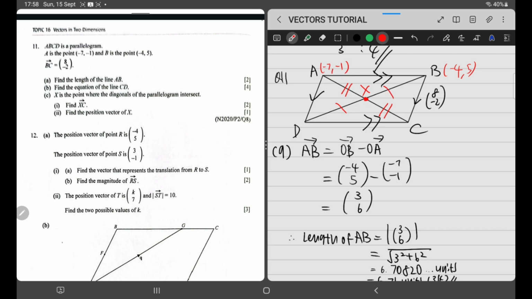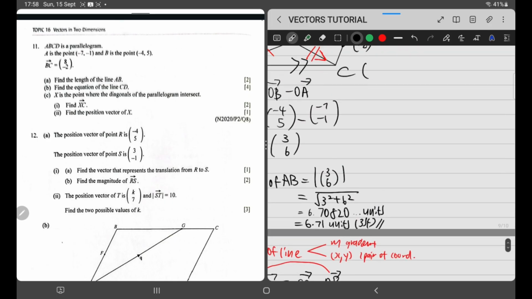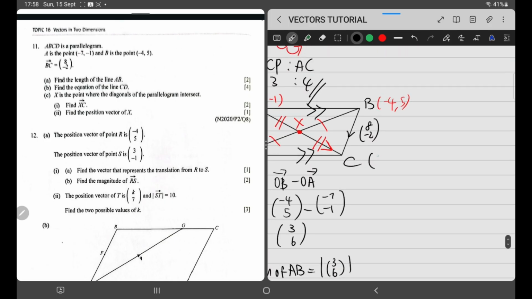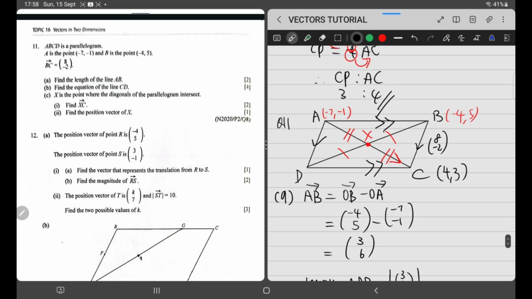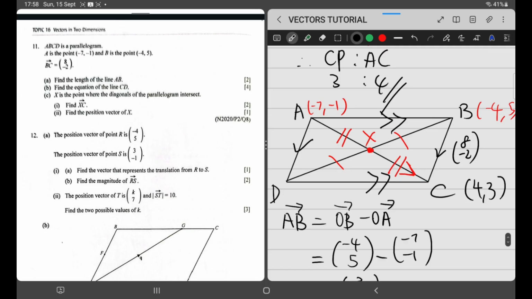So they say find XC. How do you find XC? There are a few ways, but the easiest way is you know that C is 4, 3. XC is just half of AC, because X is the midpoint of AC.